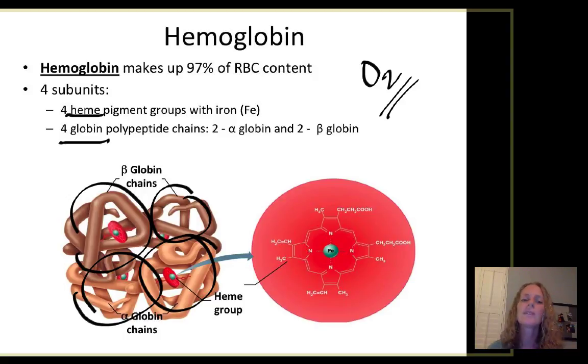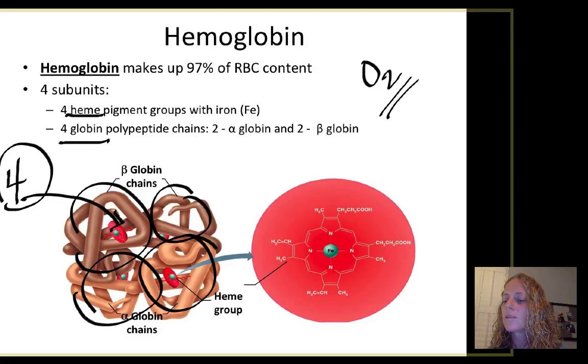Turns out there's 2 different types of globins. There's alpha and beta globin chains. Ultimately, what this means is that you have the ability to carry 4 oxygen molecules for every 1 hemoglobin.